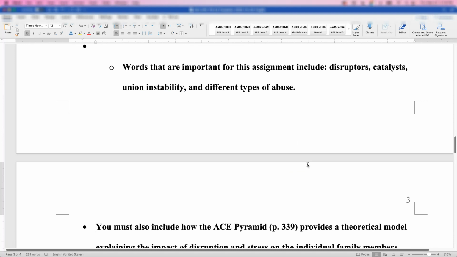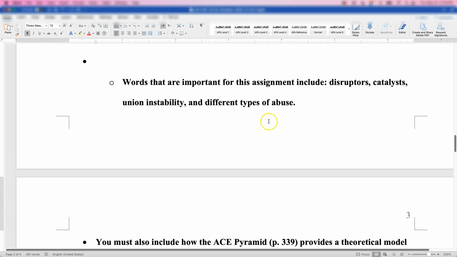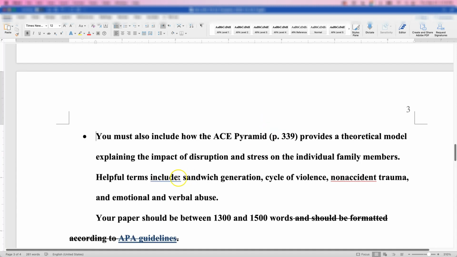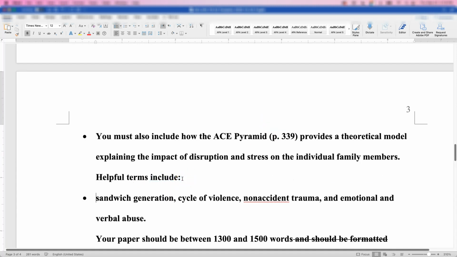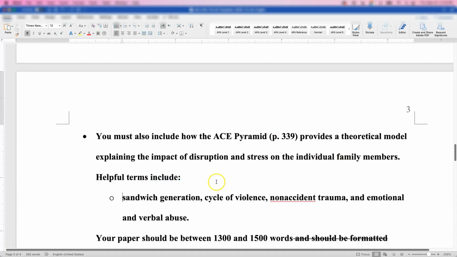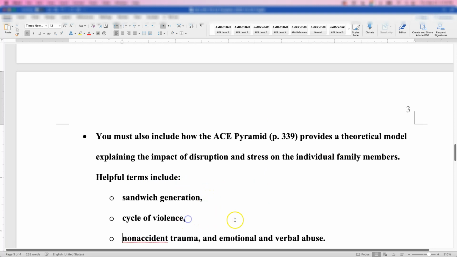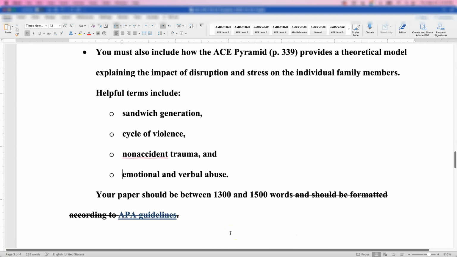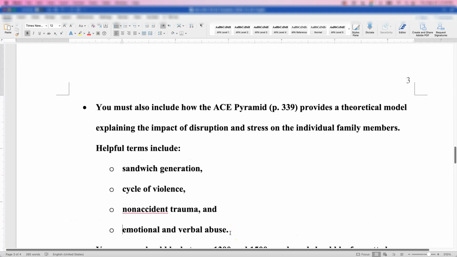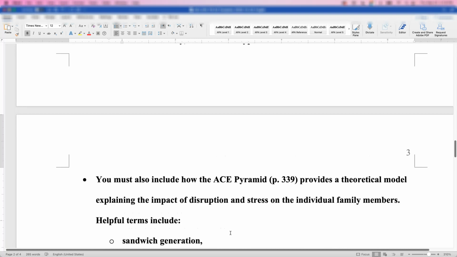And then there's a separate discussion of the ACE pyramid. And for this, we must make sure to mention those other things that are listed here. And to make sure that we get them, we should probably have at least a sentence, if not more, discussing them. Probably even a short paragraph for many of these.